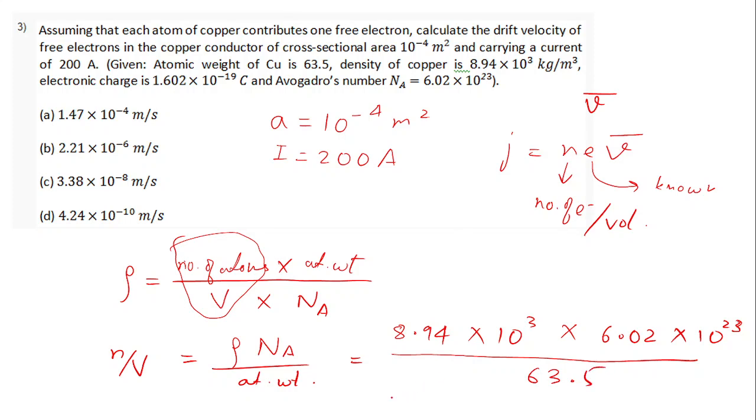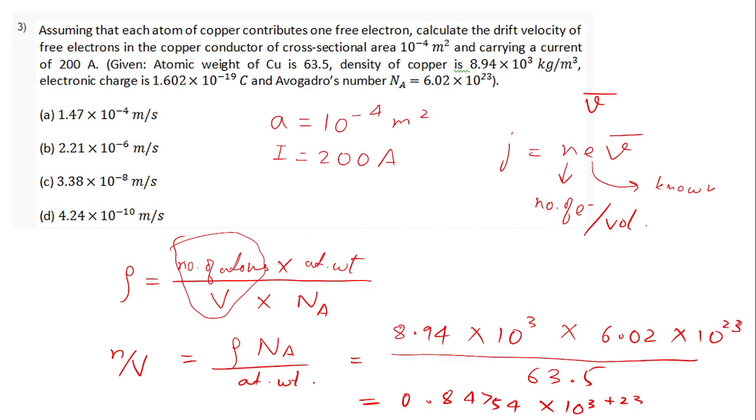63.5. When we calculate this, it will be 8.94 times 6.02 divided by 63.5. The answer will be 0.84754 multiplied by 10 to the power 3, and we have 23, so 10 to the power 26.